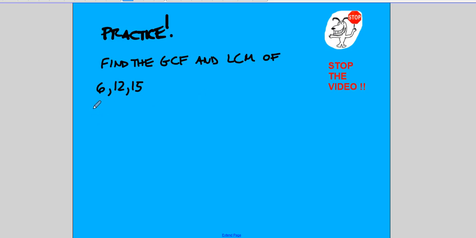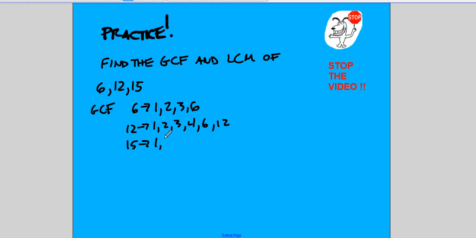Okay, so let's do the greatest common factor first. If you couldn't see anything, list the factors of 6 first. So 6 has factors 1, 2, 3, and 6. 12 has factors of 1, 2, 3, 4, 6, and 12. And then 15 has factors of 1, 3, 5, and 15.